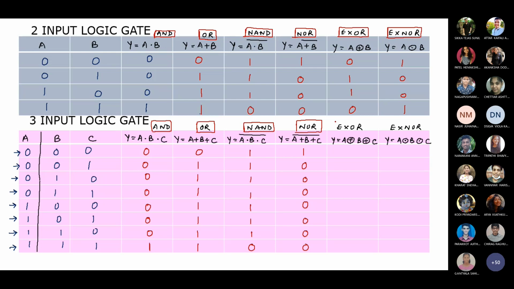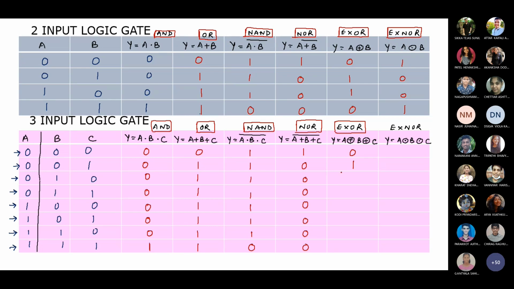Now XOR. XOR ध्यान दो. This is important. XOR gate definition says when odd number of inputs are high, output is high. So first output over here will be 0. Second output is 1 because one input is high.